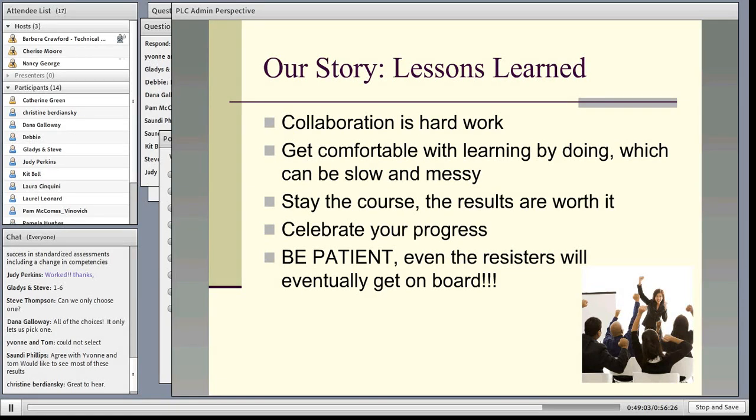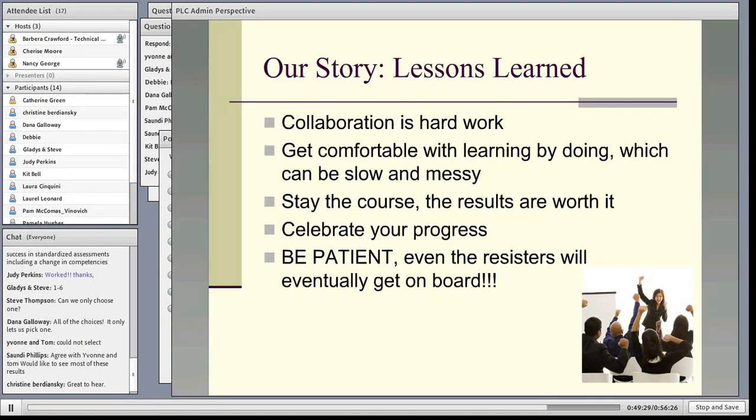You really have to become comfortable with the learning by doing and the slow messiness of that. And as an administrator, you have to pull yourself out of that sticky, messy mud and just be the cheerleader and the champion, and keep letting everybody know this is good work, this is the right work, this is the direction we need to be going in.